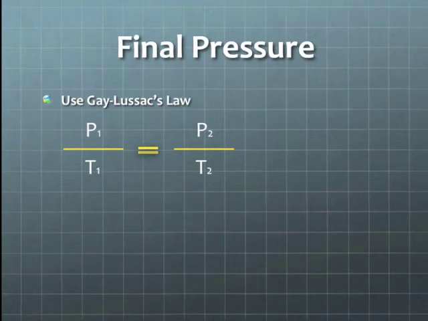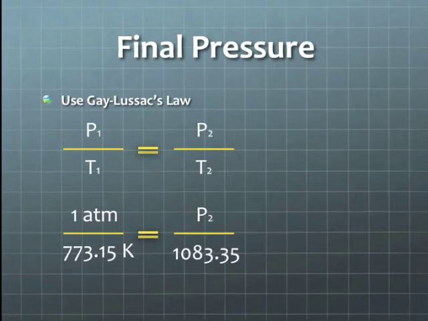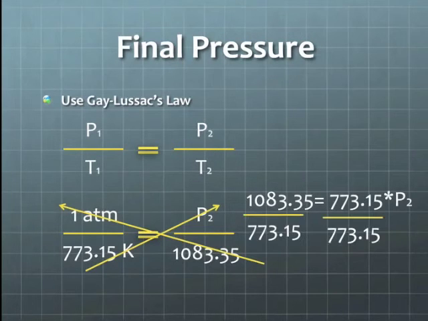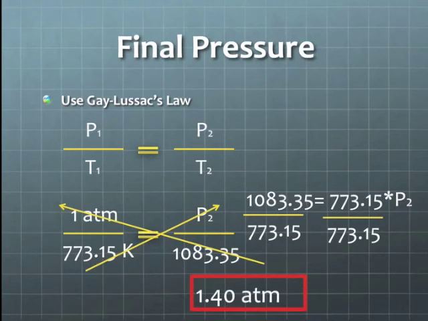So I inserted those values and cross-multiplied them together. And also the initial pressure is 1 atmosphere as it was given, just as a notice. So finally, I divided 773.15 on both sides to get the final pressure alone, which I got 1.4 atmosphere as the final pressure.